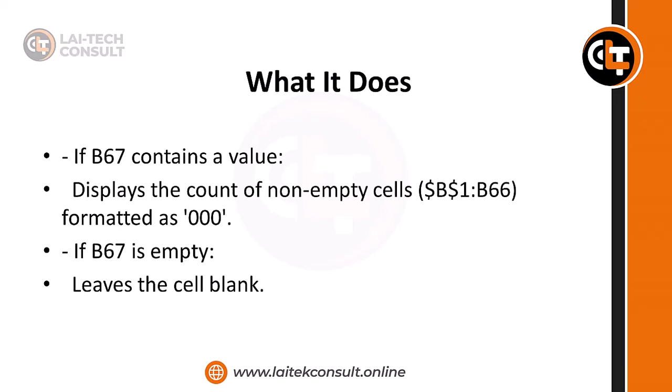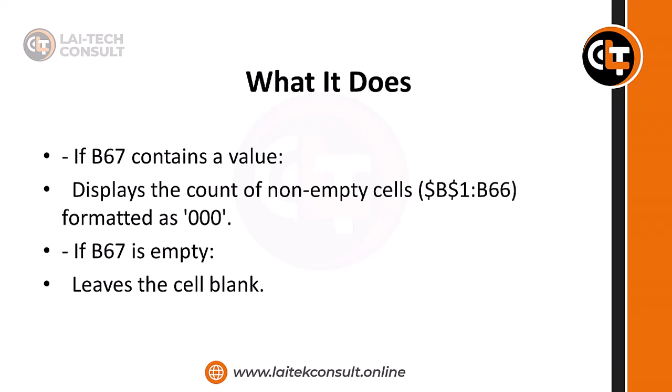So between B1 to B66, are there any non-empty cells? Yes. If there is, it will count them, and it will give the result as a 3-digit numbering: 00 this, 00 that. But if B67 is empty, it will leave it all blank. Do you get it? Good.